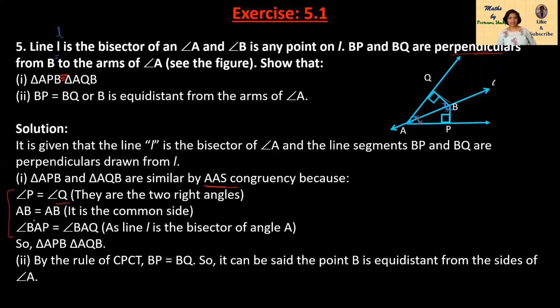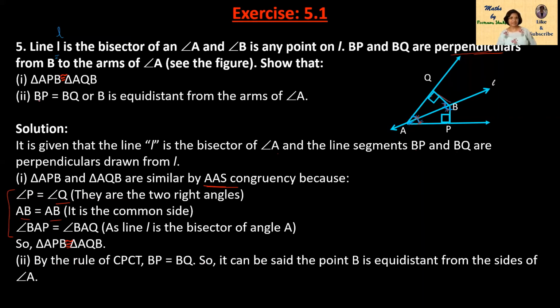Then AB equals AB, common side, and angle BAP equals angle BAQ as this is the bisector of angle A, right? So that means these are congruent triangles.